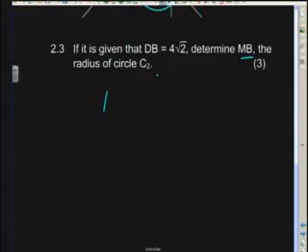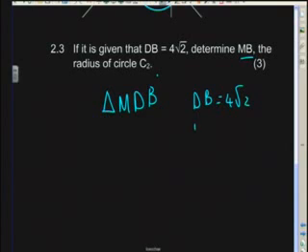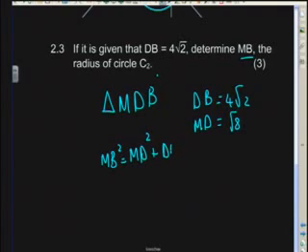So we're working in triangle MDB. We know that DB was 4 root 2, and we know that MD was the square root of 8. So to find MB, using Pythagoras, MB squared is equal to MD squared plus DB squared.